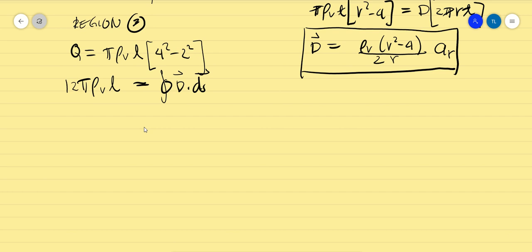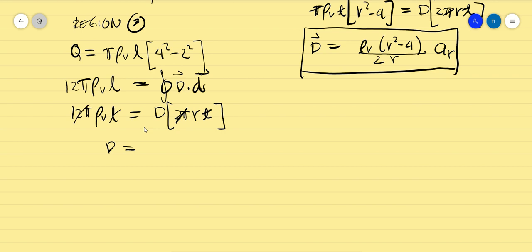We need to consider just the lateral area. So 12 pi rho V times L should be equal to D times the integral of the surface area, which is 2 pi times r times L. Then we can cancel out L here. So if we solve for D, we cancel out 2 pi.